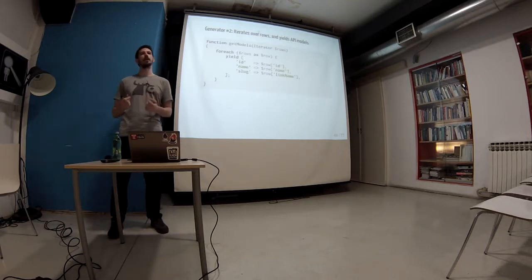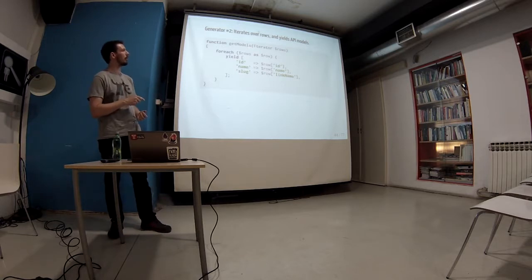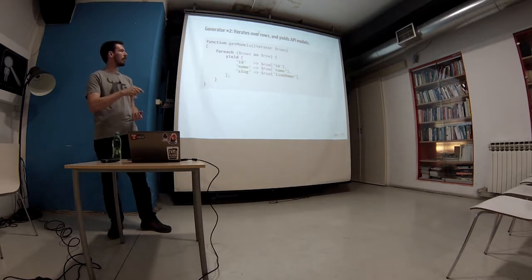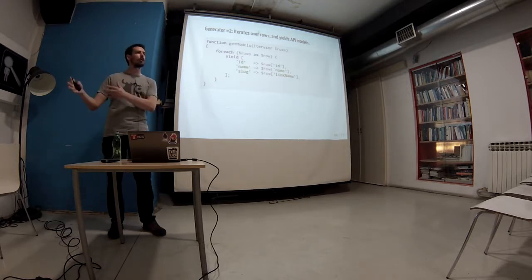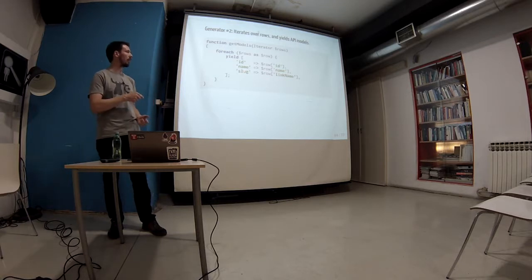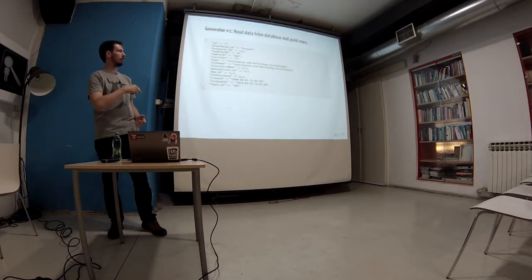The second iterator takes the first iterator or generator as the argument, iterates over it, and yields the model as you'd like to return it to the client. This is what you want in the API, just the data. So for each row in the database, yield a simpler model.